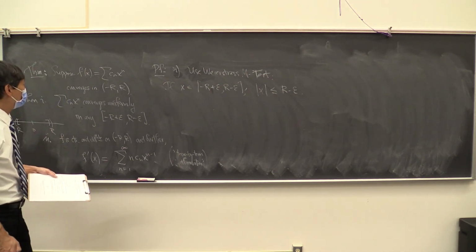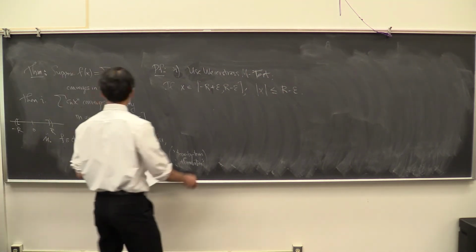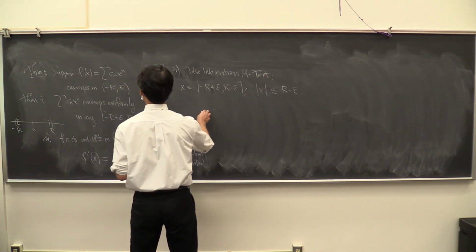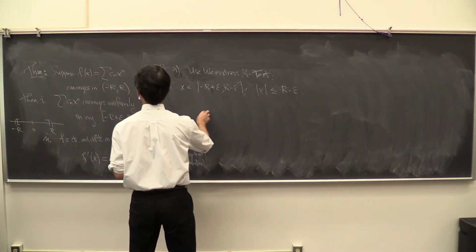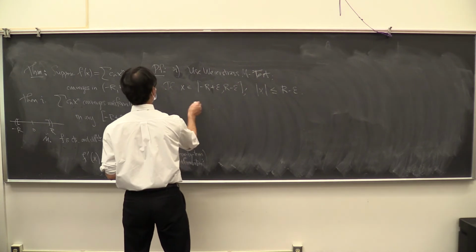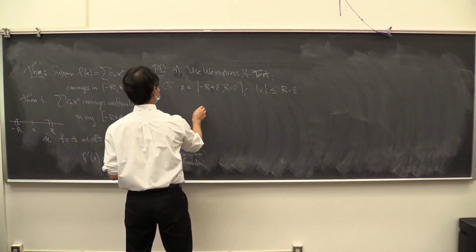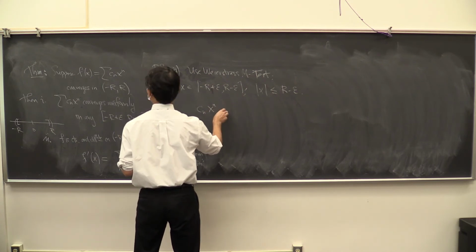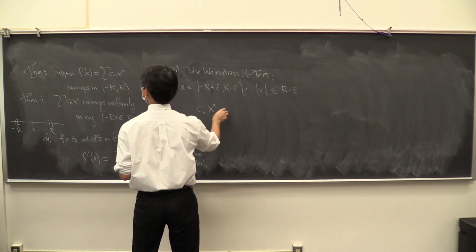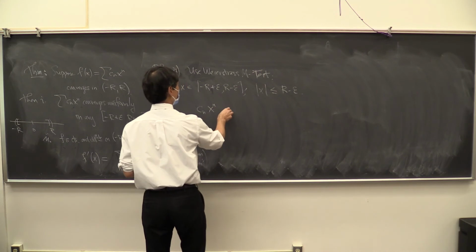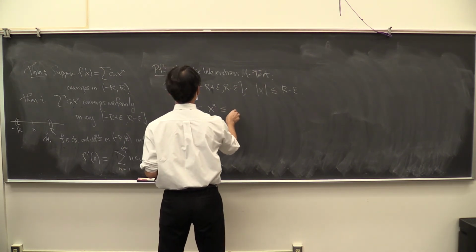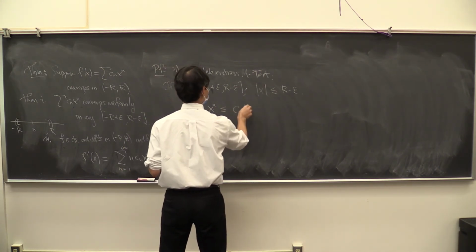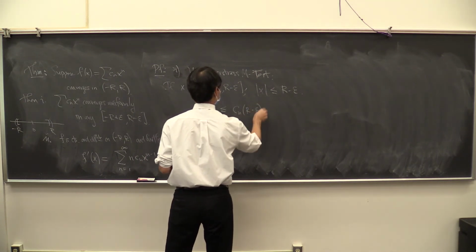But then we get that C_n x^n is of course smaller than C_n (R minus epsilon)^n.